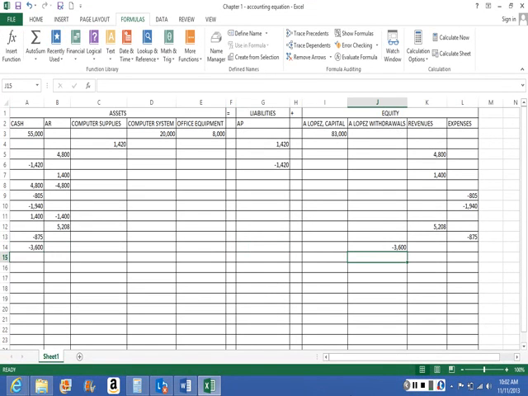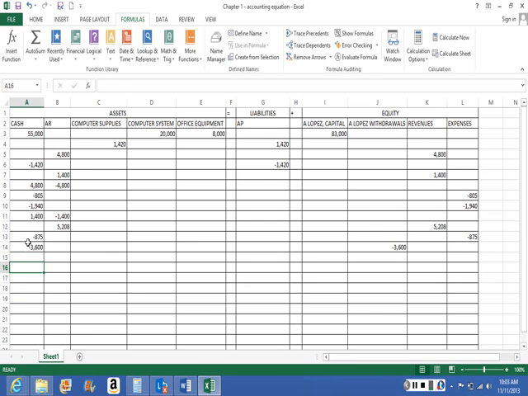The last thing we need to do is total up all of these different items under our accounting equation. The total in our cash account: we will take 55,000, subtract out 1,420, add 4,800, subtract out 805, subtract out 1,940, add and so on and so forth.